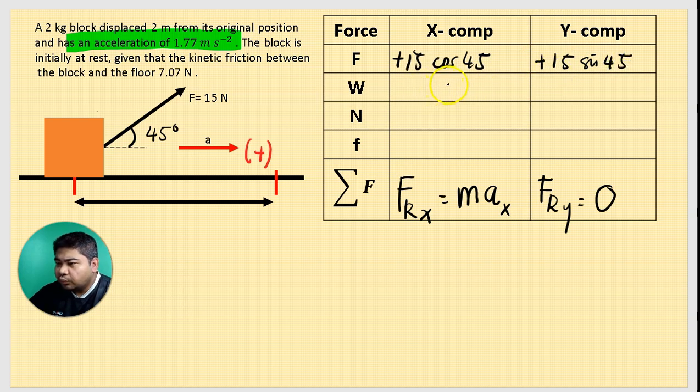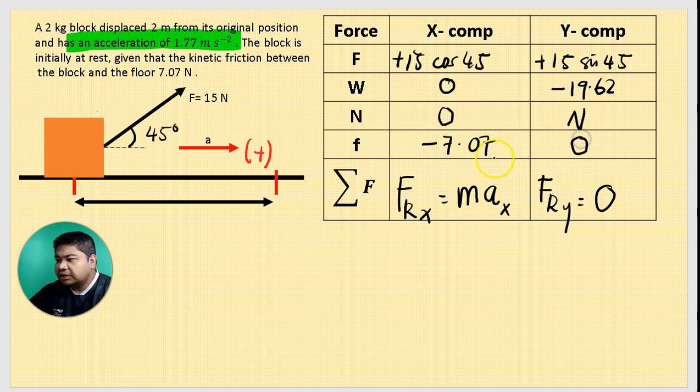The weight is one dimensional in y, so N is also one dimensional in y. So we have negative 19.62. We have calculated this value before, but we do not have the value of N. The friction is negative 7.07, also one dimensional but only in x.